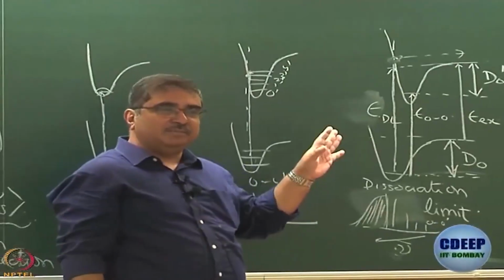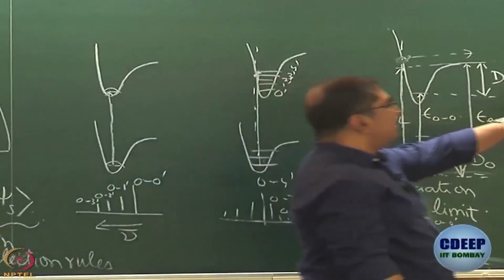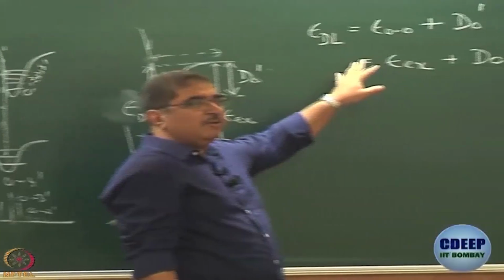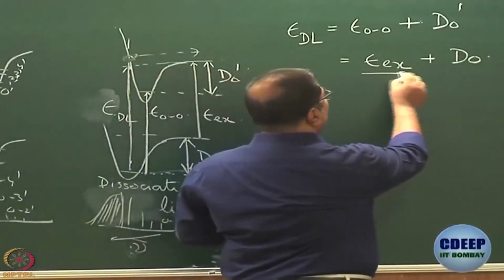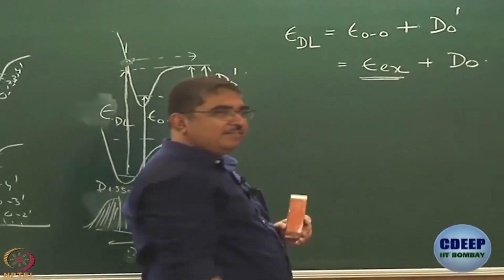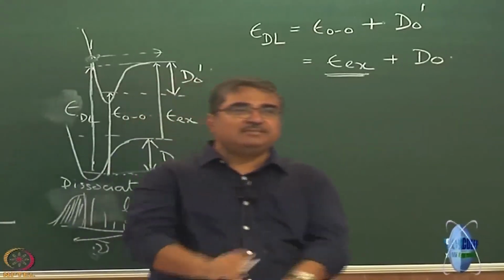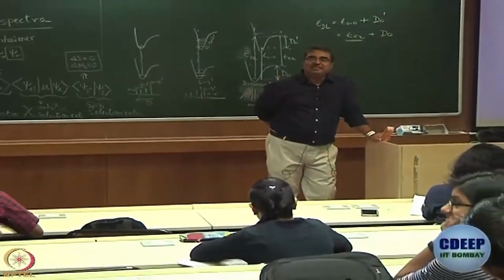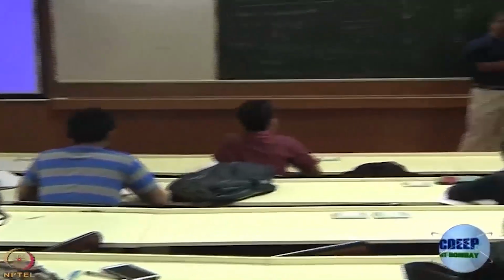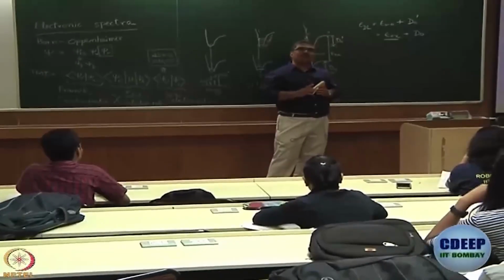Now for a situation where I do have a continuum in the spectrum, I am a little more comfortable because that gives me more parameters to play around with. Suppose I know this experimentally. Is there any way in which I can determine D0, some other experiment? How do I find D0? Remember what we discussed for the anharmonic oscillator?